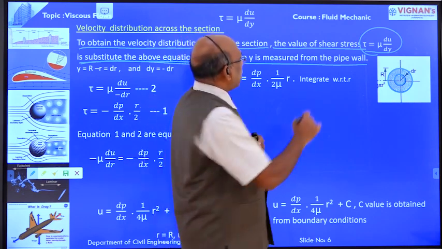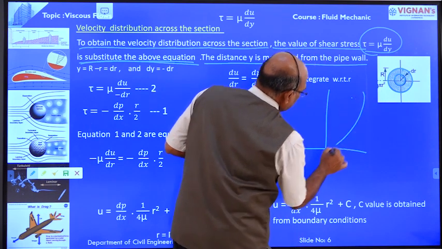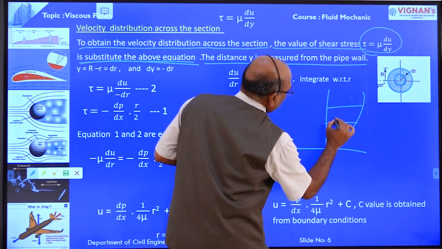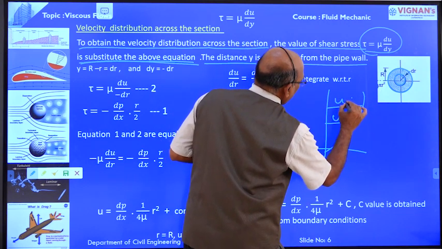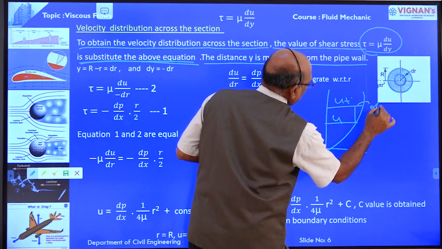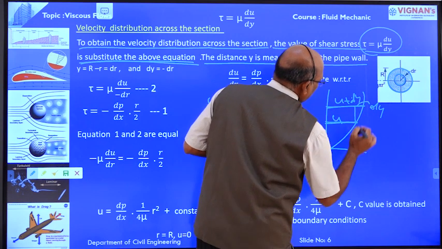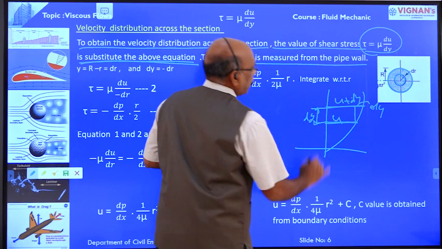Already I have explained: this is the boundary, this is the velocity profile. The velocity is u here, and on the other layer the velocity is u plus du. The distance between two layers is dy, right?